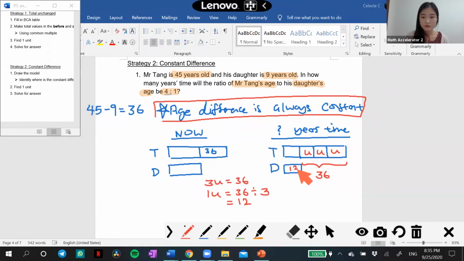Right, so if the daughter is 12 years old in question mark years' time, and right now she is 9 years old, how many years have passed from 9 to 12? You take 12 minus 9, correct? Yes, 12 minus 9, 3. So 3 years have passed. And that's your answer.